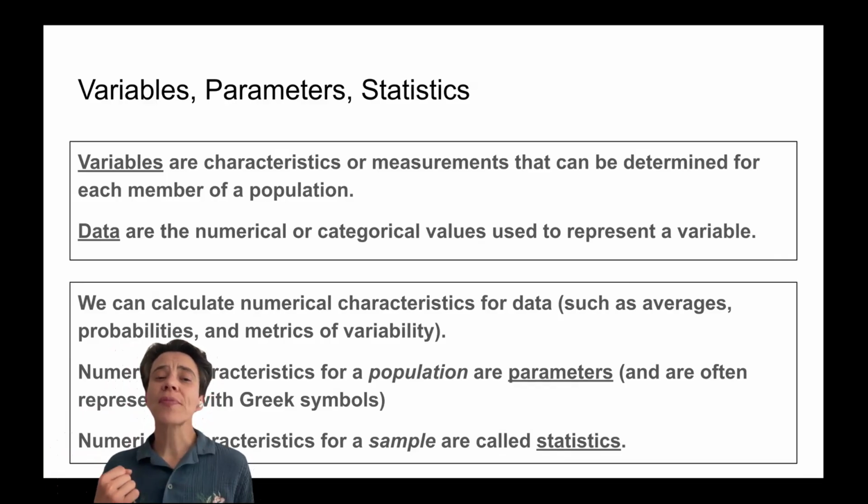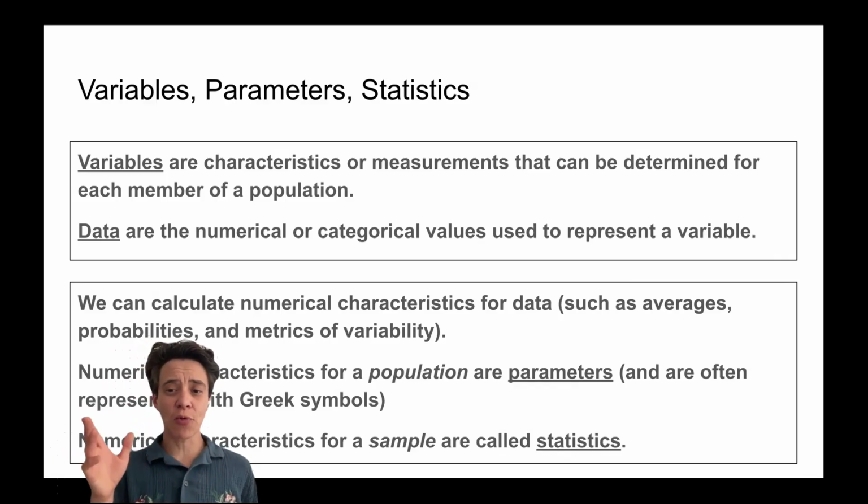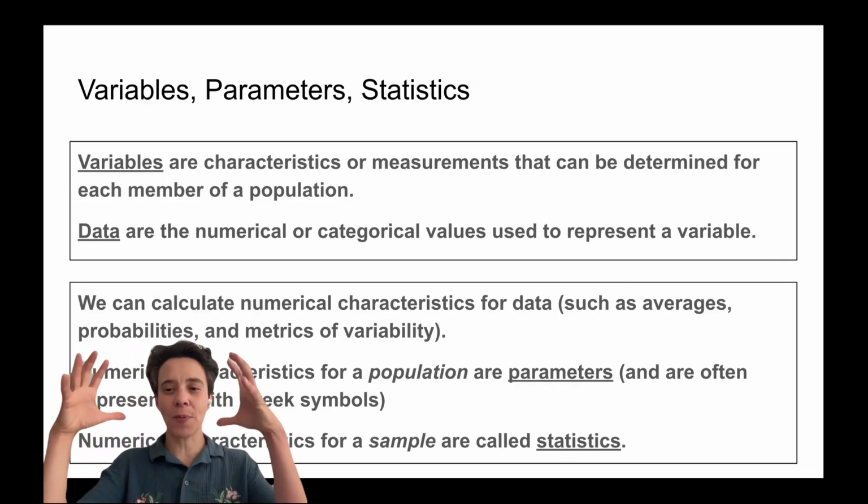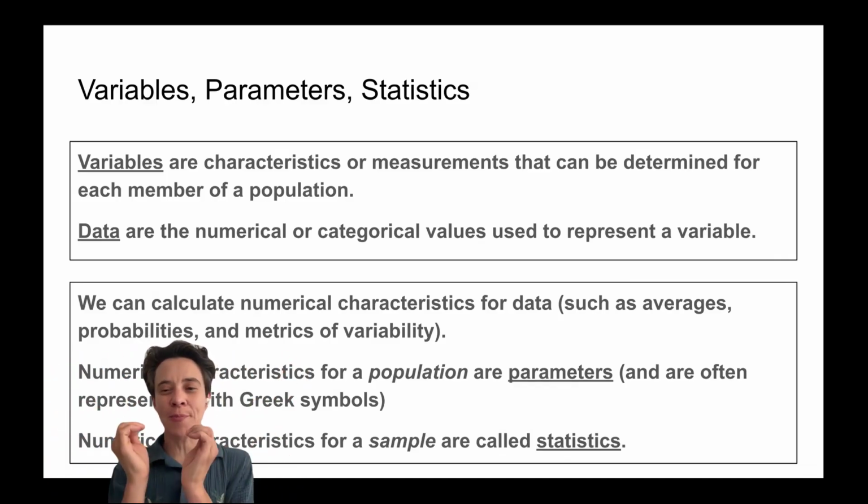Variables are things you can measure for every individual in a population. And then data are the actual values that we use to measure that variable. So the variable is the bigger thing. Each datum that is given as a response for a variable is part of the data that we use to represent the variable.